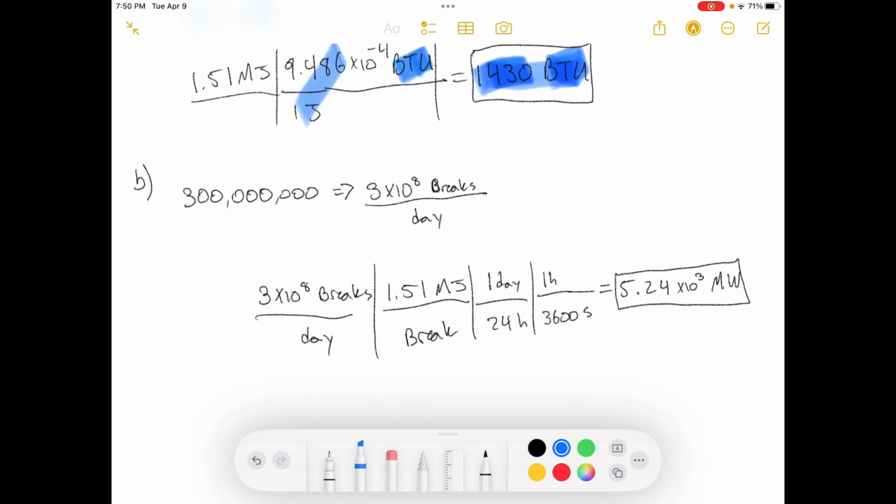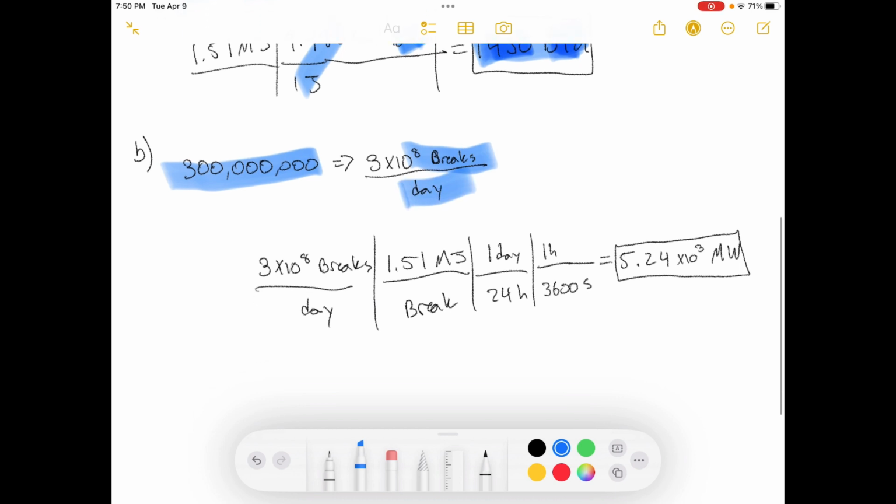Okay. Part B. Suppose that throughout the United States, 300 million such braking processes occur in the course of a given day. Calculate the average rate in megawatts at which energy is being dissipated by the resulting friction. Okay, so we've got 300 million brakes per day.